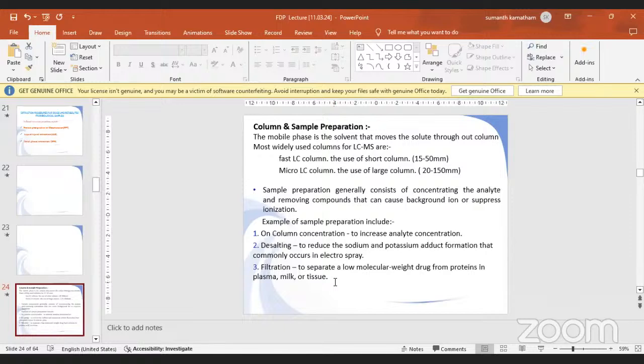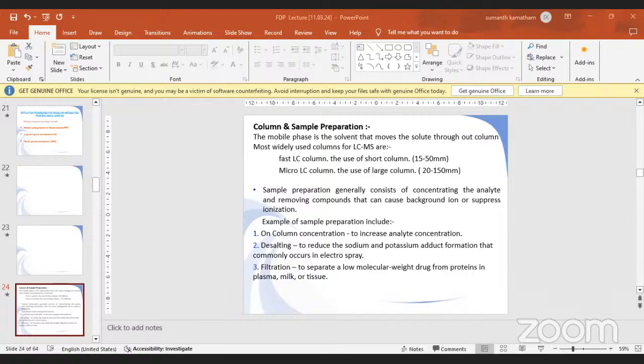Generally, in the case of LCMS, sample preparation includes a fast LC column, that is a short column. We are using a micro level column of 20 to 150 mm for the sample preparation. Generally it consists of analyte concentration and removing the compounds that can cause background ions or suppress the ionization.